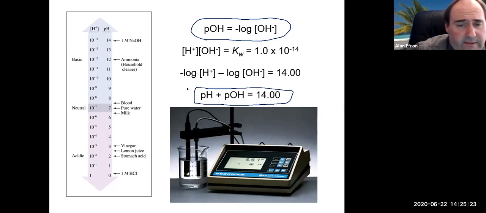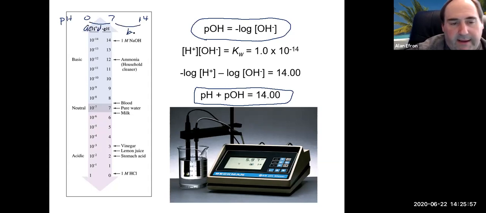Now, the pOH scale is not the scale that you should use to determine whether or not a solution is acidic, basic, or neutral, because most people in their head have the pH scale, not the pOH scale. The pOH scale runs opposite of the pH scale, which means the pH scale, as we can see in this picture, goes from 0 to 7 to 14, and 0 to 7 is acidic, 7 to 14 is basic.